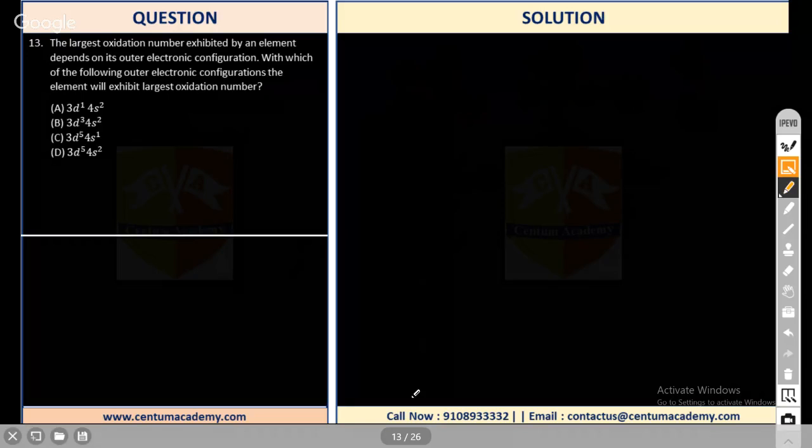So we have maximum electrons for option D. When all these electrons take part in bonding, the oxidation state will be +7. Here it will be +3, here it will be +5, and here it is +6. So maximum is for this. Hence the answer will be option D. Manganese.